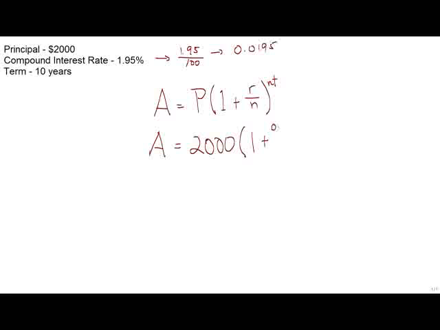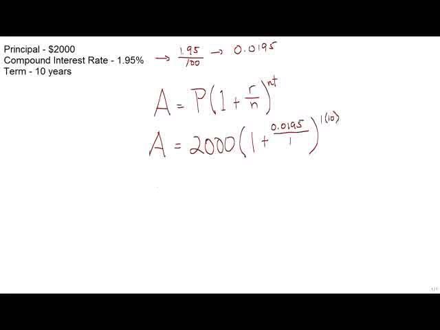So we have 0.0195 over N, which stands for the number of compounding periods in a year, and we're going to do annually. So we're going to figure out how much interest is compounded annually, so that means just once a year. So we put a 1 down there, and then we have our N, once again, is once a year times the term is 10 years.